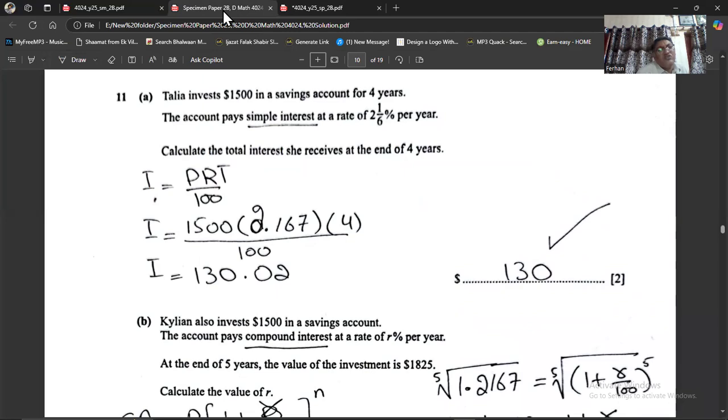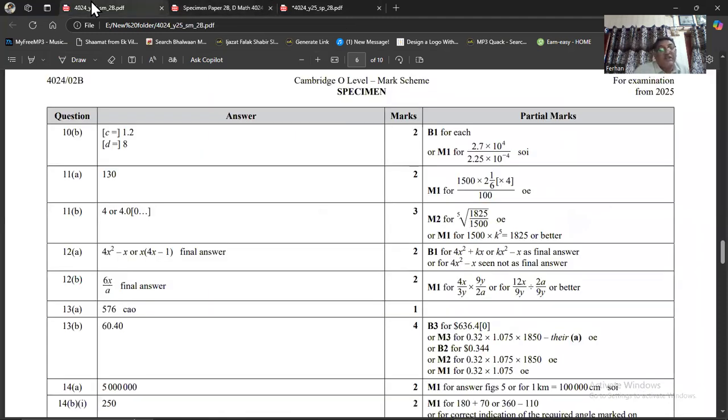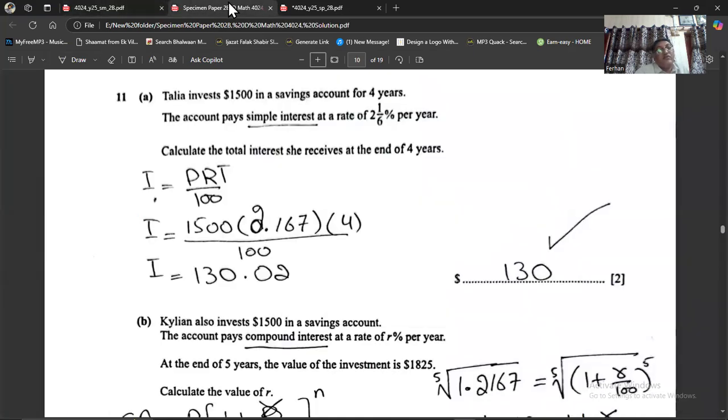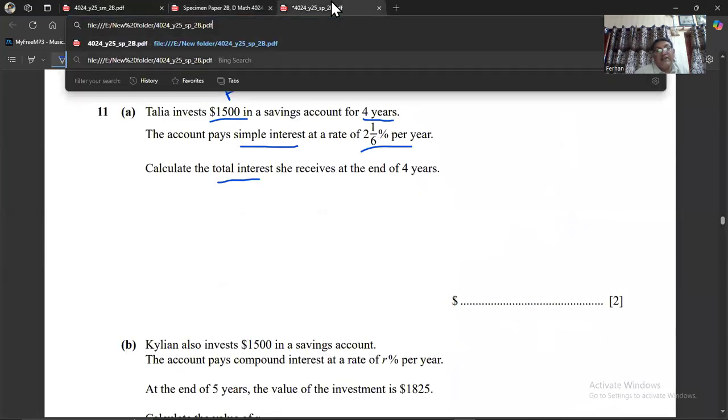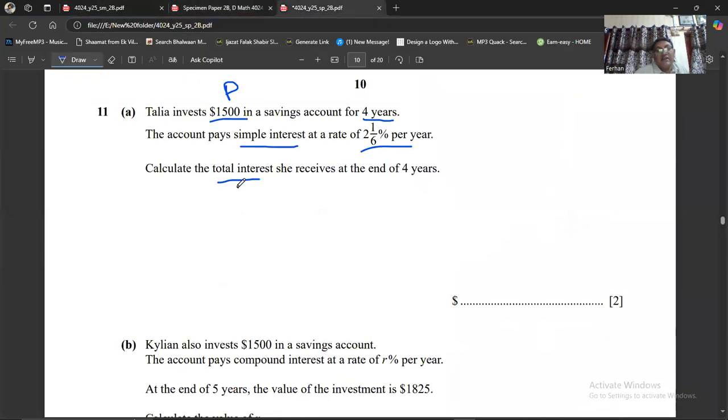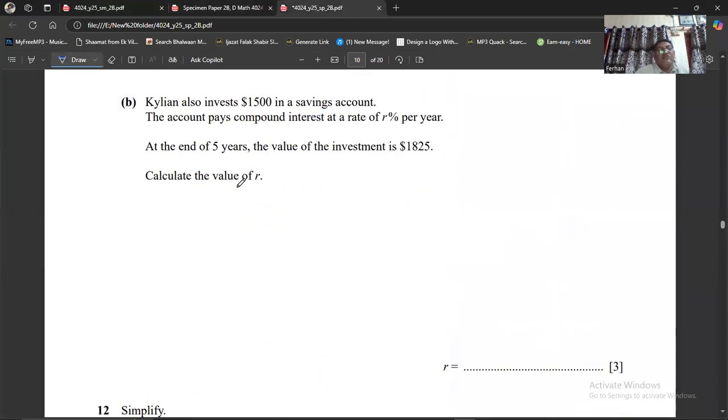P 1500 into 2.167 multiply 4 divided by 100. 2 whole 1 by 6 is actually 2.167. So when you enter this in the calculator, you get 130.02. When you round it off, it's $130. So 11A, the answer is right. Okay, so we are going to the next question part, and that says question number 11, and it's B part.